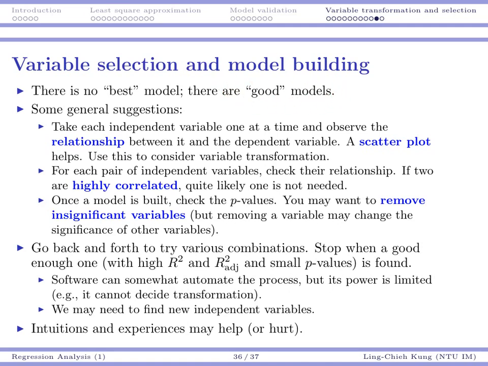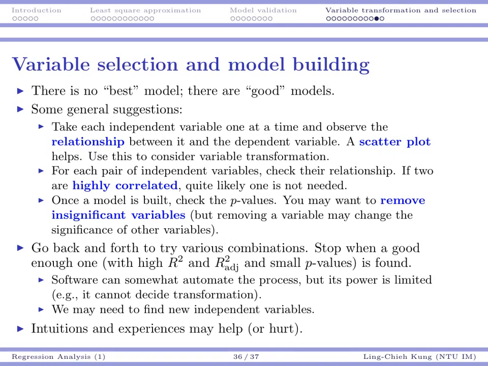Okay? So when we have a good enough model, and after a reasonable amount of time of searching or improving, if we just cannot do better, we would stop. There is really no reason to search for a best model because it's too difficult. There are some general suggestions to help you move toward a good model.